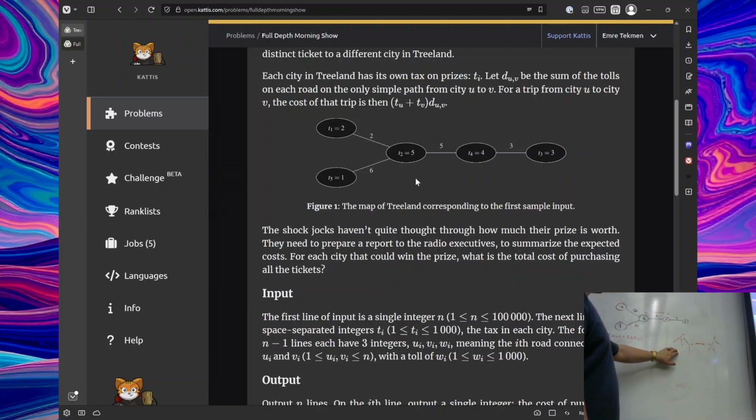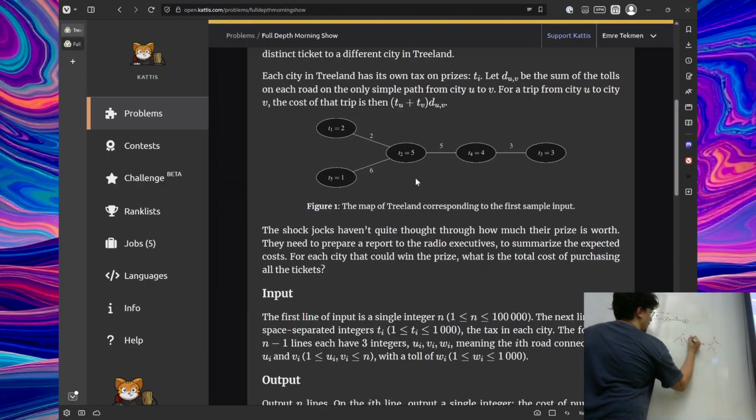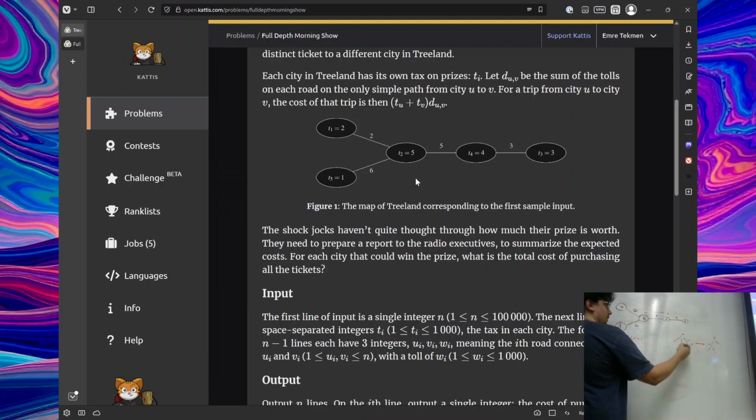Let me put it this way: v and everything in the subtree of v on this graph is going to get closer by whatever this weight is. So this is our weight W. Everything in here, when I transition to v, the sum is going to be W closer, right? Does that make sense?